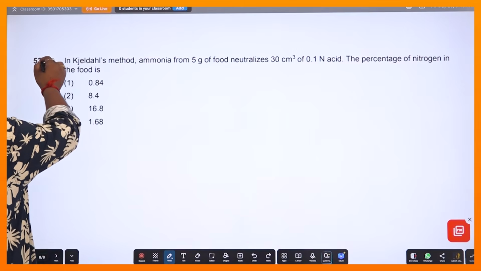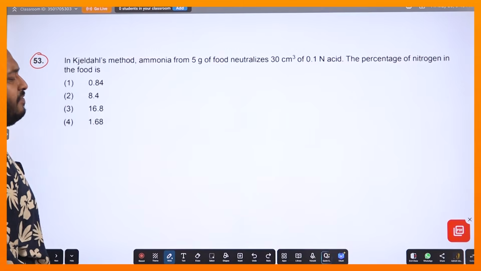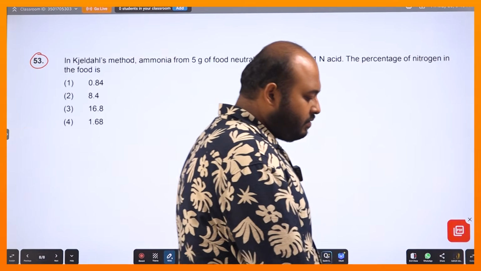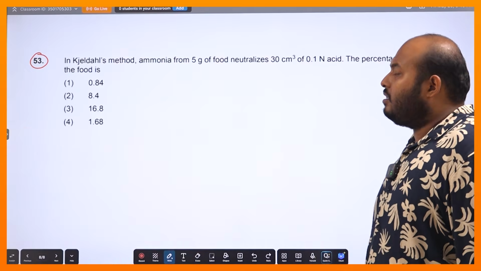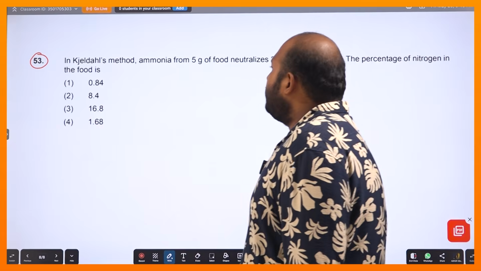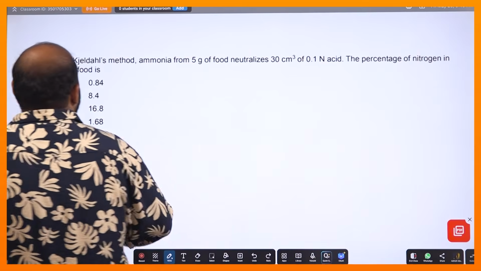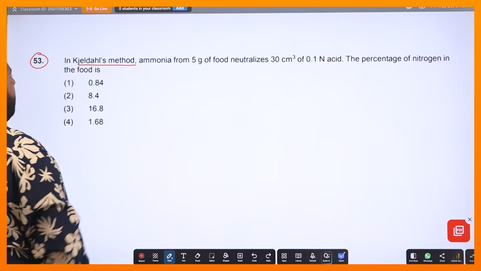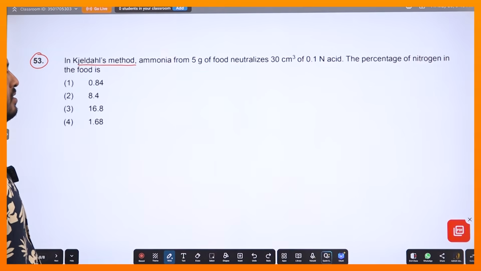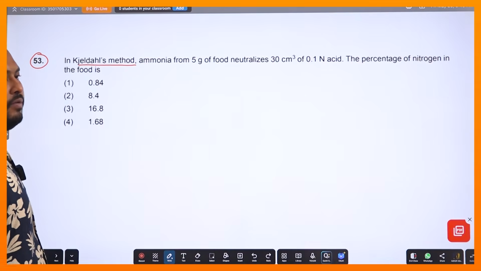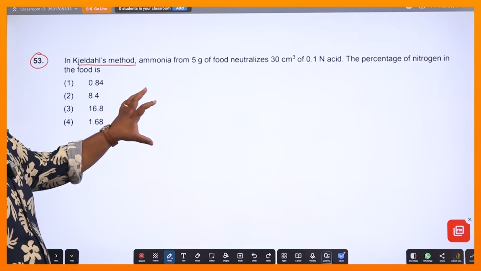Okay, so this is a very common method for the estimation of nitrogen, that is Kjeldahl's method. It is asking that in Kjeldahl's method, ammonia from 5 gram of food neutralizes 30 centimeter cube of 0.1 normal acid, the percentage of nitrogen in the food. We can calculate this using a very easy formula.